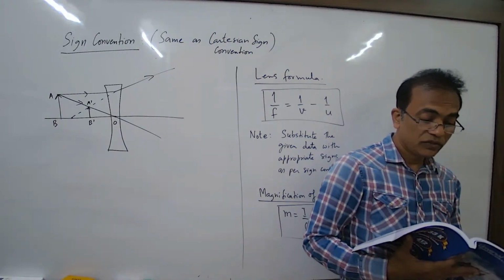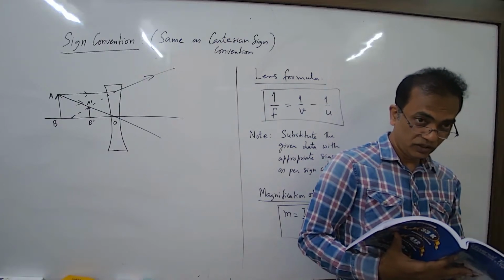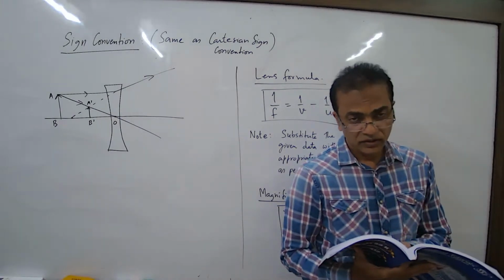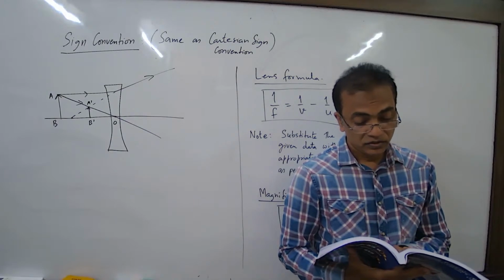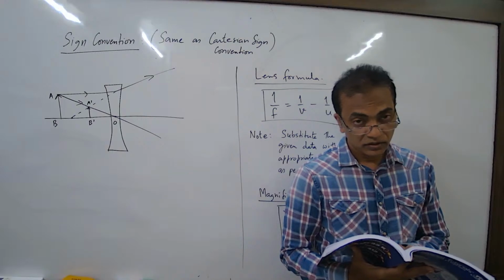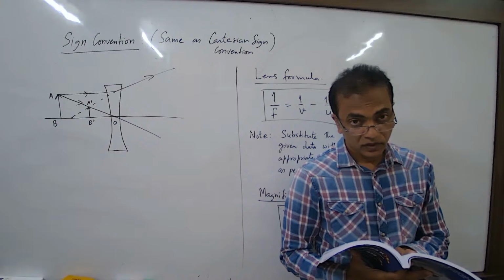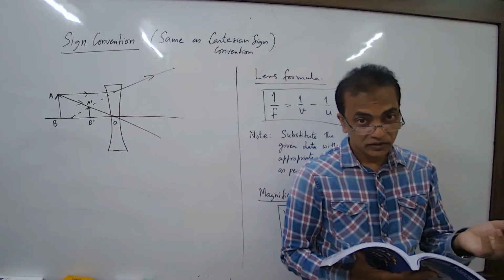So what type of lens will make our image at the same position as the object and at the same size? Convex. So where do you expect the object position? At the center of curvature, right? Twice the focal length.